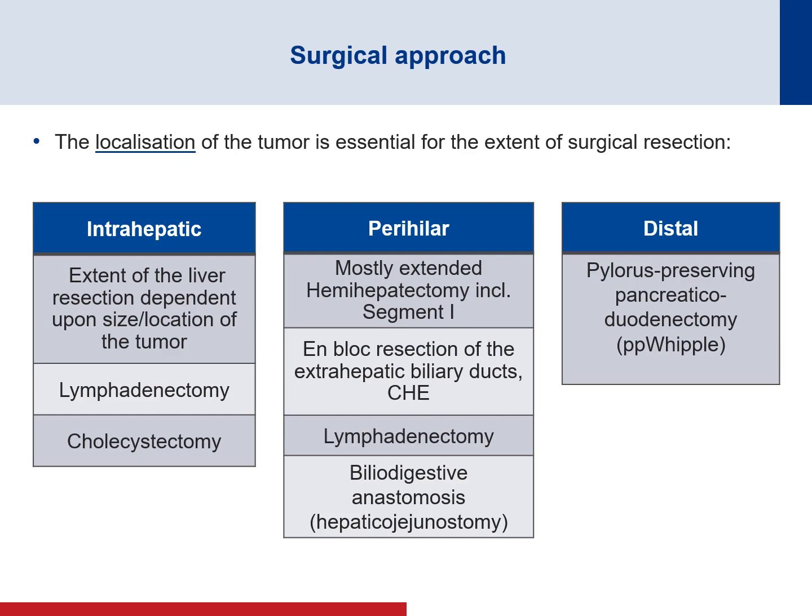The patient will also need a lymphadenectomy and a cholecystectomy, whereas in the perihilar subtype, the patient most probably will get an extended hemihepatectomy, including the resection of the segment 1 and en bloc resection of the extrahepatic biliary ducts, along with a cholecystectomy and lymphadenectomy. And finally, he will also receive a hepaticojejunostomy. In the distal subtype, the standard procedure is still the pylorus-preserving pancreaticoduodenectomy.